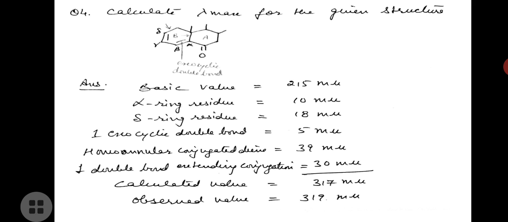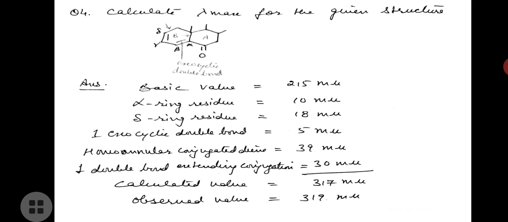Then you can see one double bond extending conjugation in ring B, and the value is 30 millimicron for this double bond extending conjugation. So our calculated value comes out to be 317 millimicron. And the observed value for the structure is 319 millimicron.